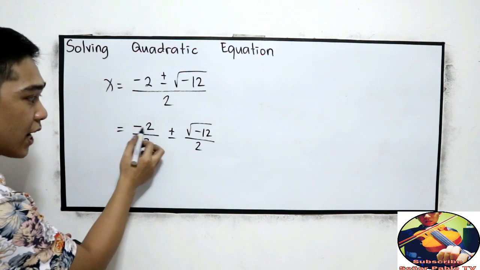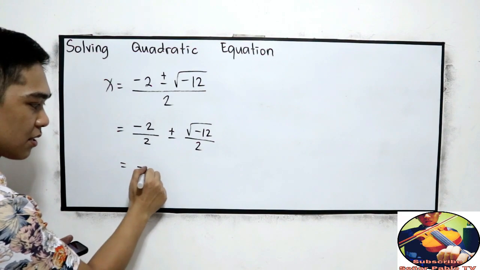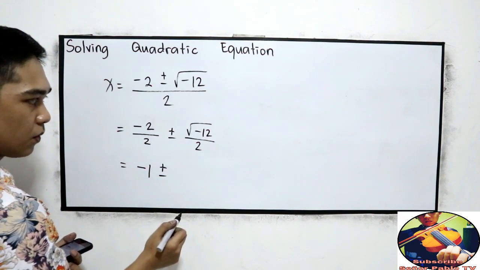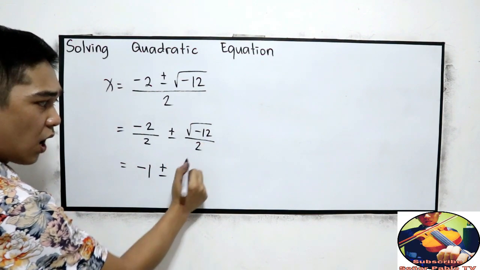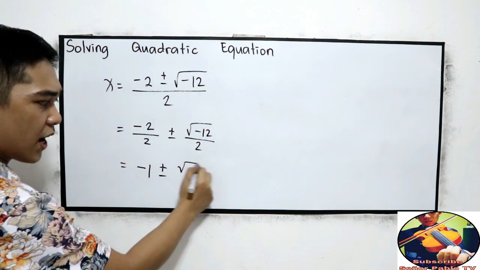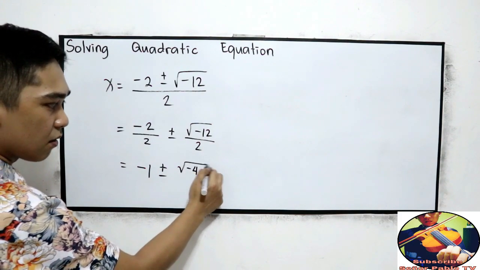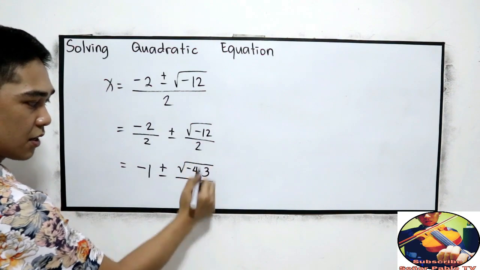Now we have -2 divided by 2, that is -1, plus minus square root of -12. The factors of -12 are -4 times 3, over 2.